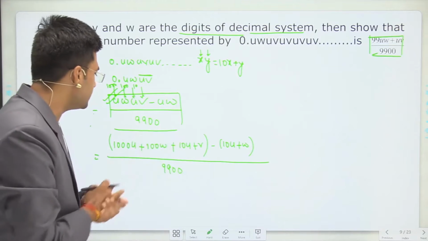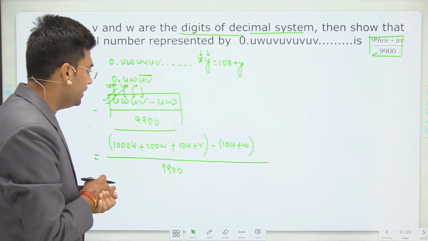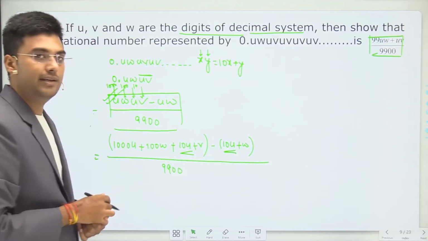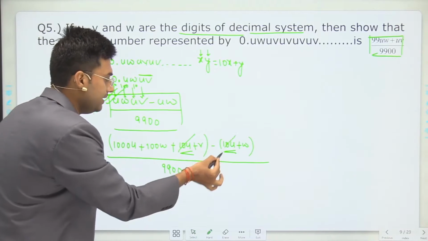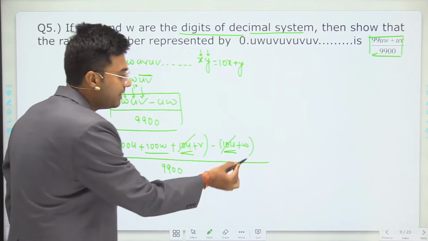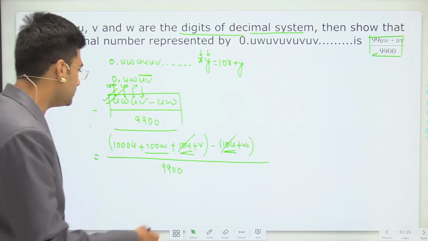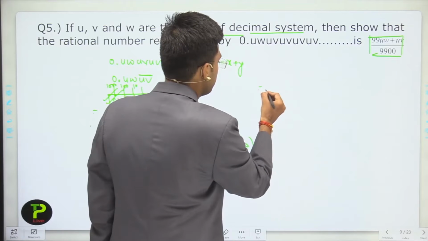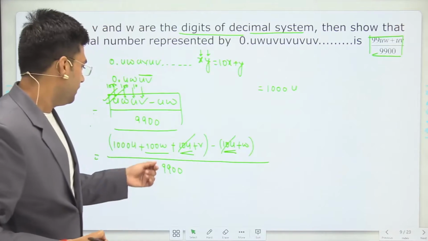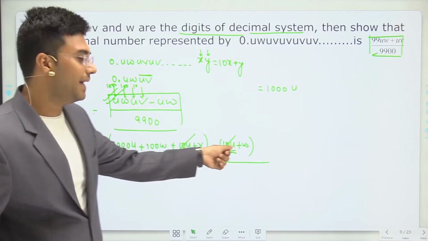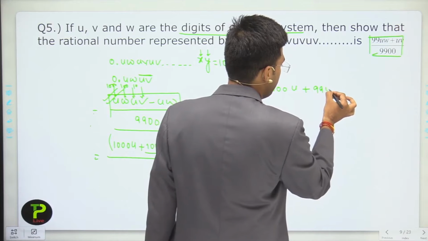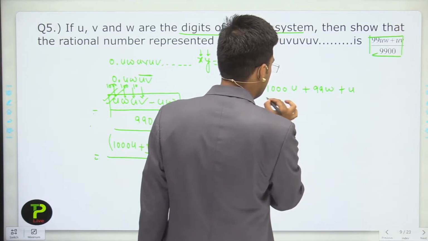Now dear students, let's solve this expression. Here is 10U and here is minus 10U. So this 10U and 10U cancel out, and here is 100W and here is minus W. So let's solve this. It is equal to 1000U plus 100W minus W. It is equal to 990U plus 99W plus U.